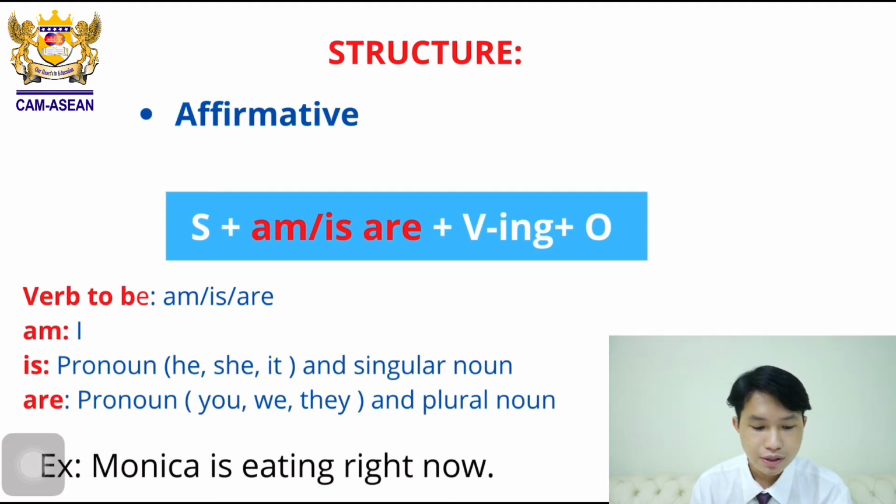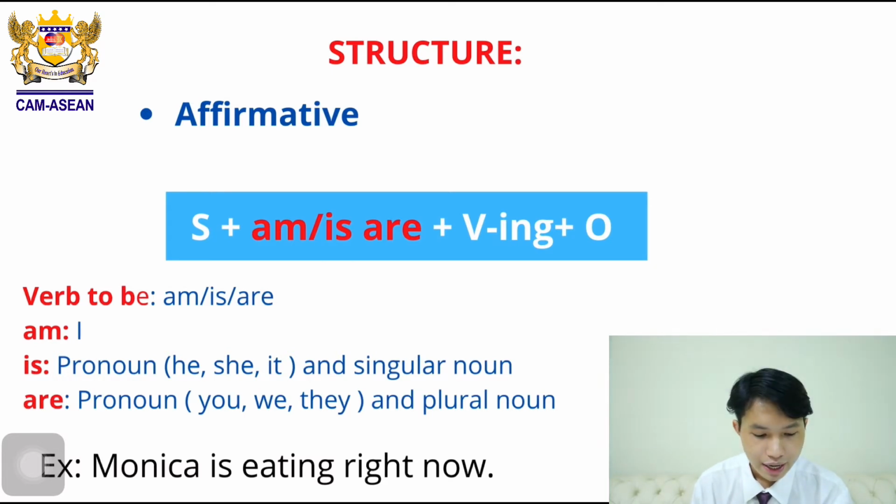First of all, the affirmative or positive form, right? It starts with the subject followed by am, is or are, and then followed by verb plus ing and then plus object.